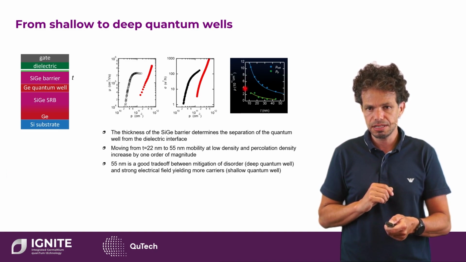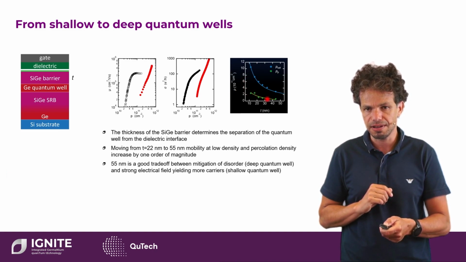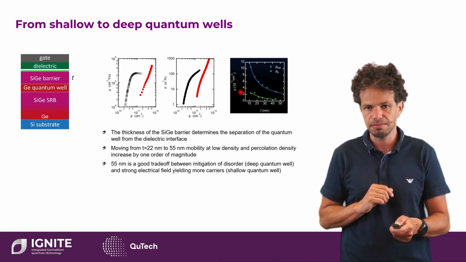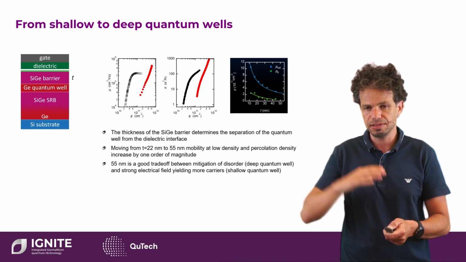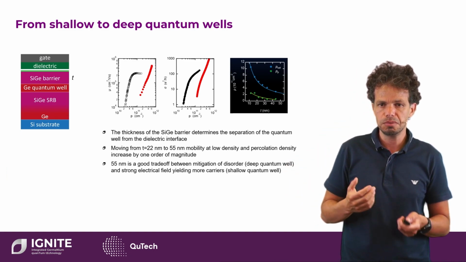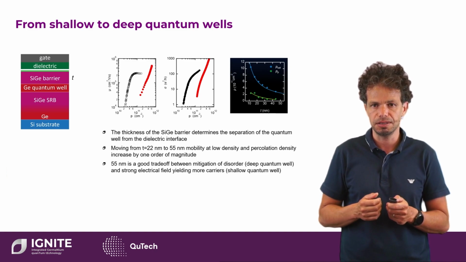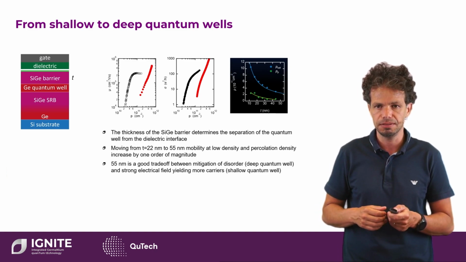Finally, in this image here to the right, you see the percolation density in green plotted as a function of the separation T, which is the thickness of the barrier. This is a systematic study. And you see how it decreases as you move the quantum well deeper, down to values of about 2 times 10 to the 10 centimeter minus 2, which is a very respectable value.